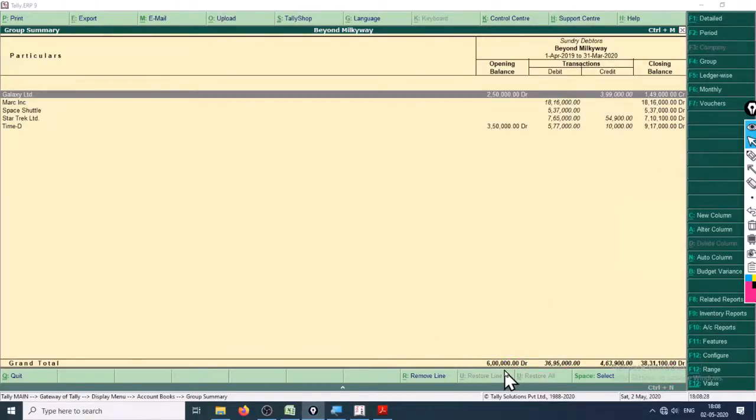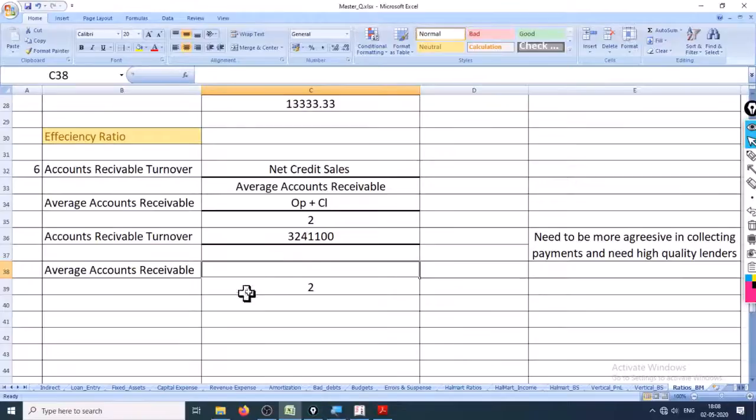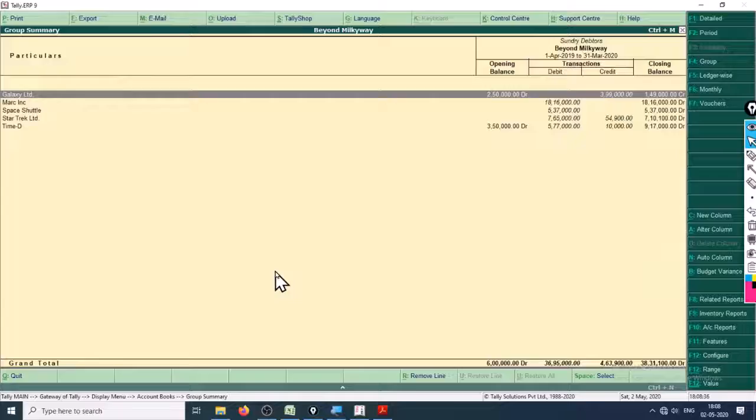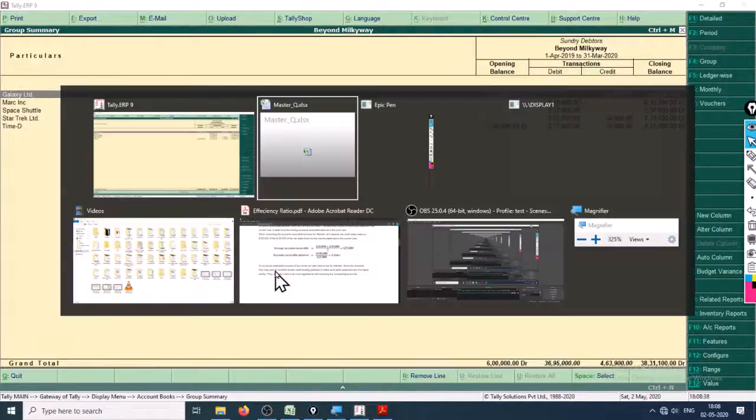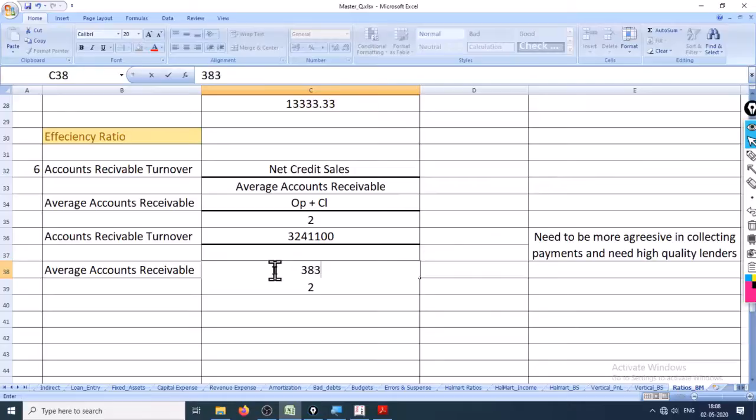So let's copy them in our sheet. That is accounts receivable is 6 lakh plus 38,31,100.